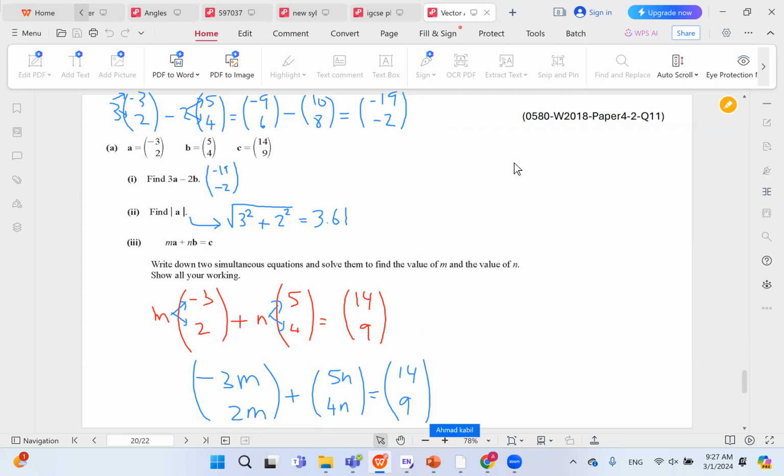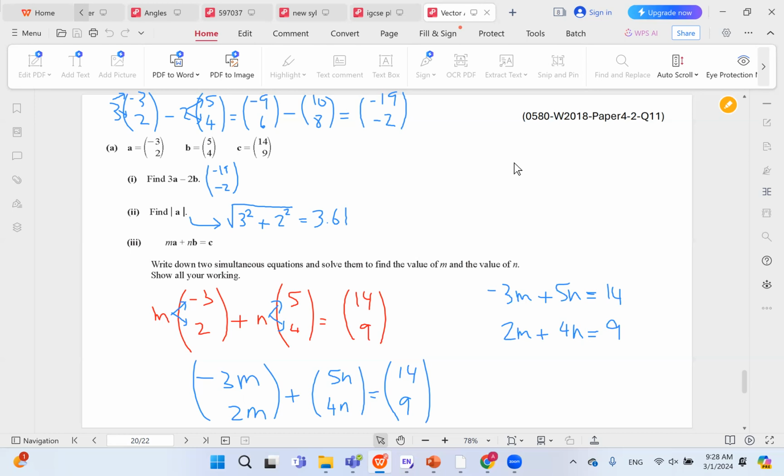And then we form 2 simultaneous equations, one for each row. So we have negative 3m plus 5n equals 14. And we have 2m plus 4n equals 9. We want to solve these simultaneous equations. So we need to have a common coefficient.